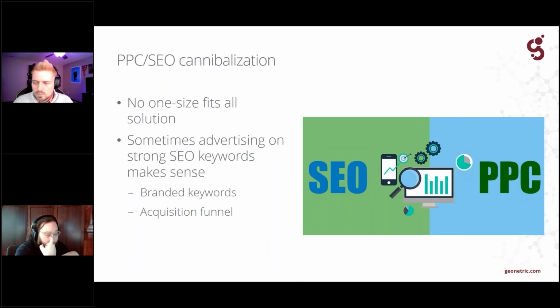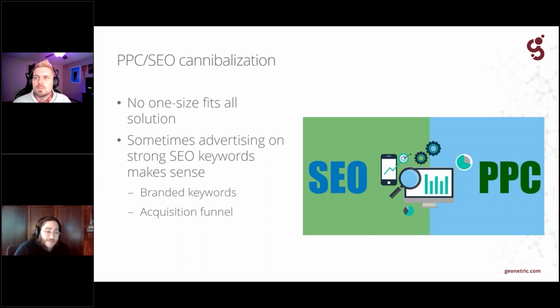So a classic thing that I always look for when I'm really digging into PPC SEO cannibalization is I look at branded terms. Oftentimes, branded terms, your organization's brand, tend to be some of the strongest SEO terms that you have. And so the question is, like I said, does it make sense to be advertising on those branded terms when those are some of your strongest organic terms?